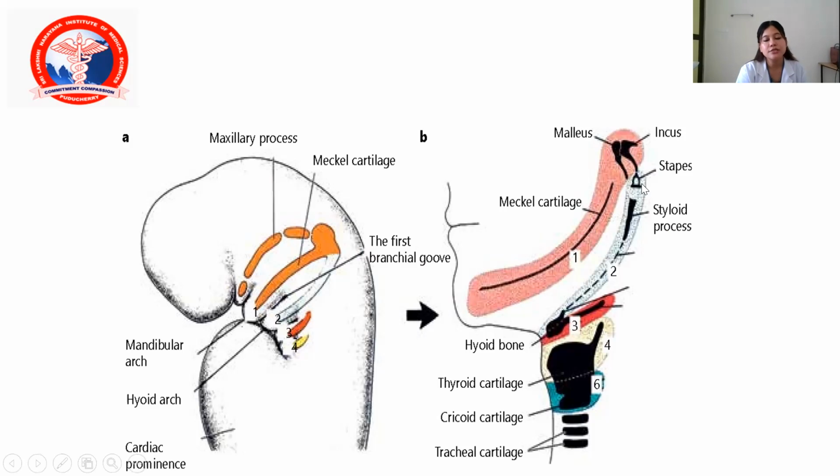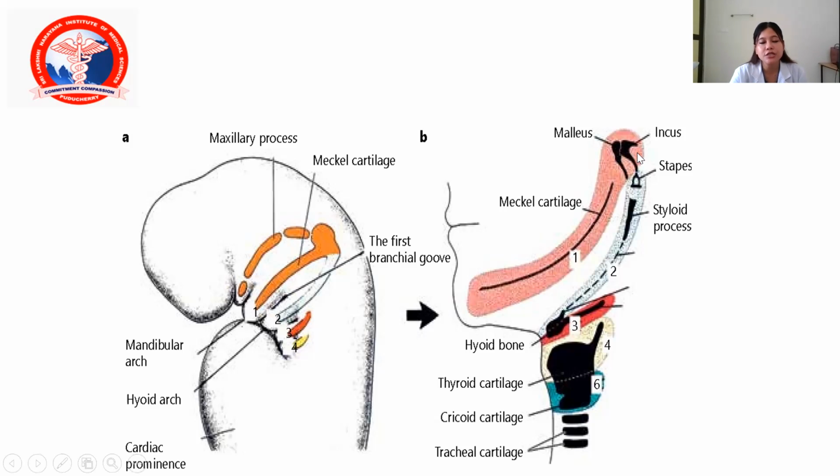Now the stapes is formed from the dorsal end of the cartilage of the second pharyngeal arch. The cartilage of the second pharyngeal arch is called Richard's cartilage. So the malleus and incus have been formed from the dorsal end of Meckel's cartilage, and the stapes from the dorsal end of Richard's cartilage.